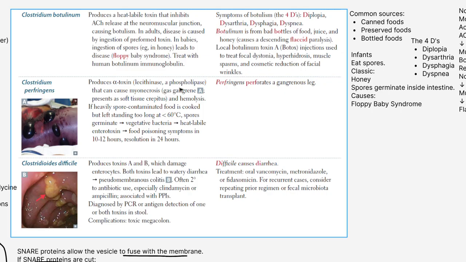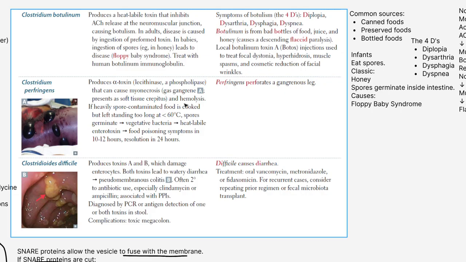Lecithinase is a phospholipase. So basically, where do you see lecithin in your body? It's the major phospholipid in the cell membranes, right? So this alpha toxin destroys the cell membranes. Since the cell membrane is destroyed, you get cell death, tissue necrosis, and you get gas gangrene. This presents as soft tissue crepitus and hemolysis.